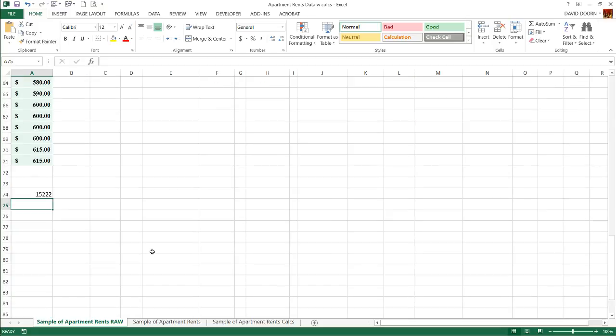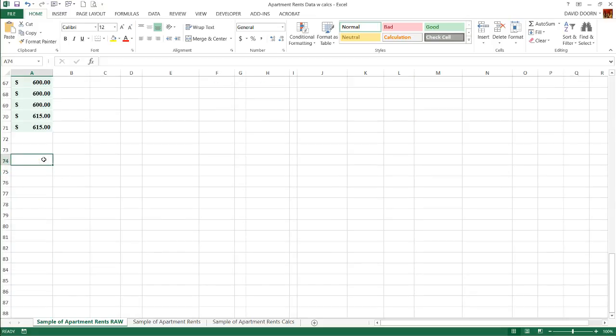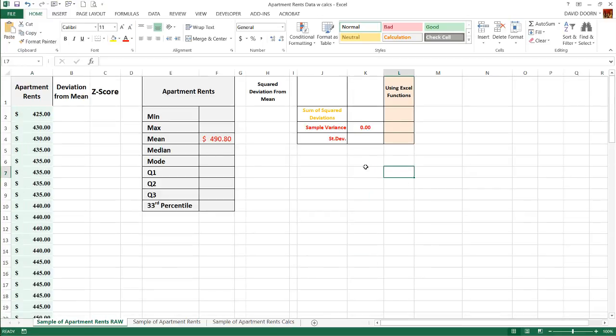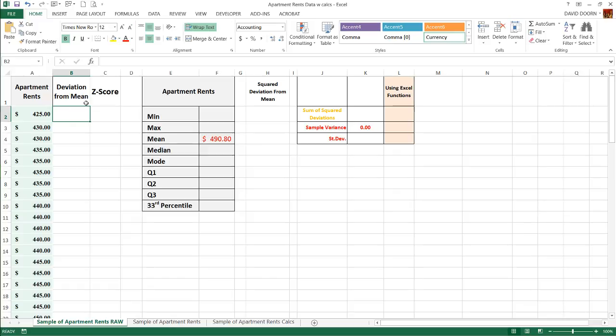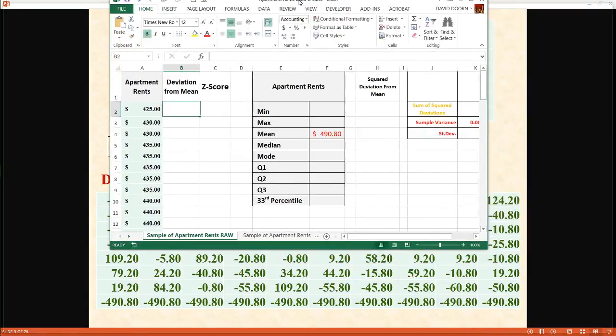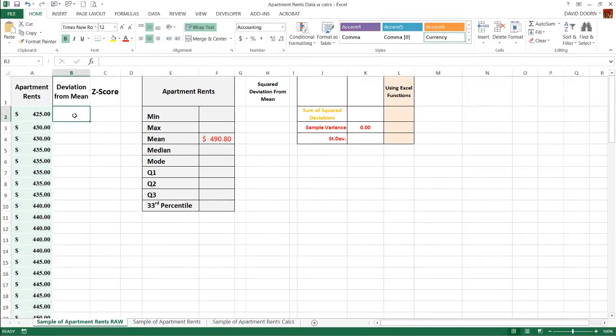So you want to make sure there's nothing below the data you want to calculate on. Okay, and then we want deviation from the mean. So remember that's xi minus x bar. So all we've got to do is type that in, right?